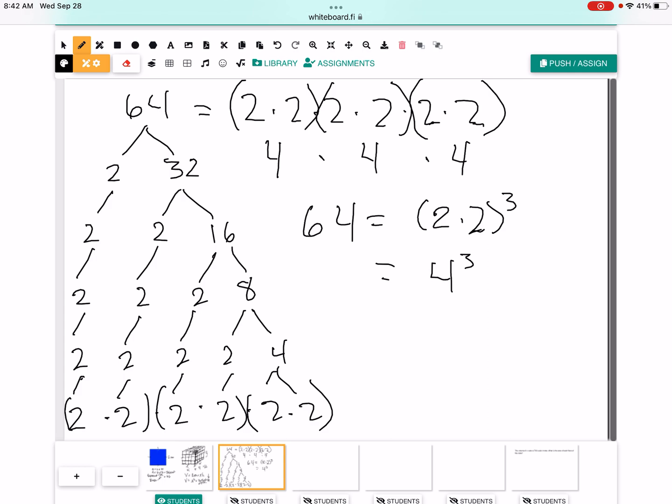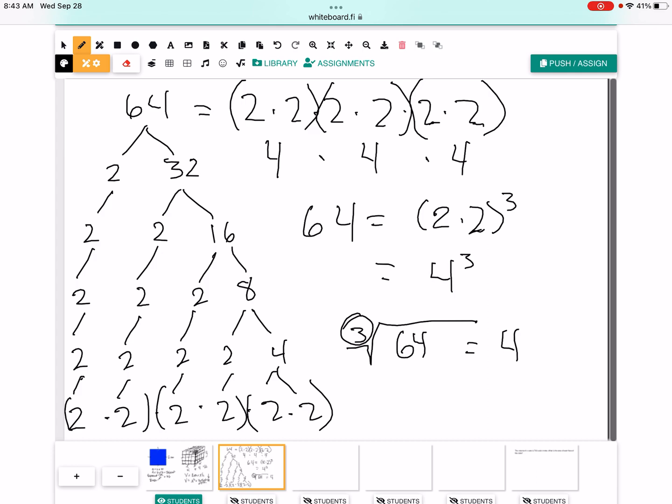All right? So cube root is the opposite of cubing, right? So we write this like this. If you'll remember, square root had the radical sign and no number in the corner. For a cube root, we put a 3 there to indicate that we are going to take the cube root instead of the square root, all right?